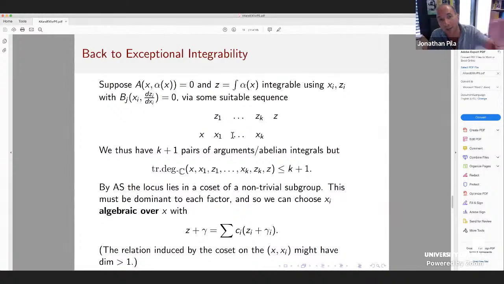And then you have either its abelian integral or abelian logarithm. All right. So at each stage, one of the functions is algebraic over the previous ones. That's the definition of exceptional integrability. Okay. And then at the end, the z finally is algebraic over all of that stuff.